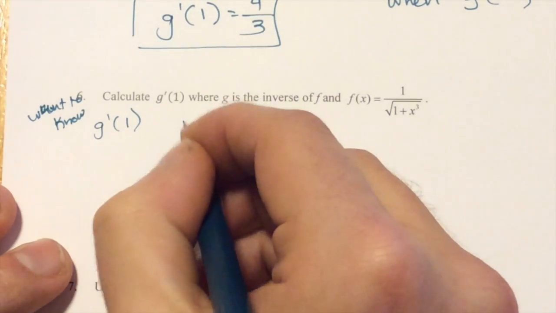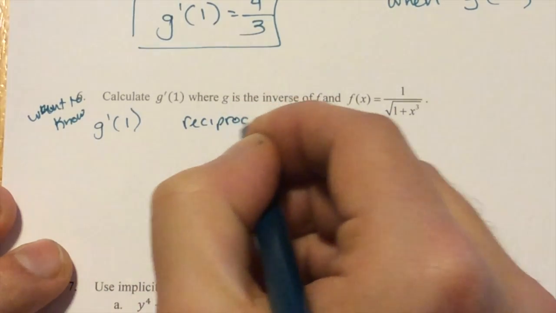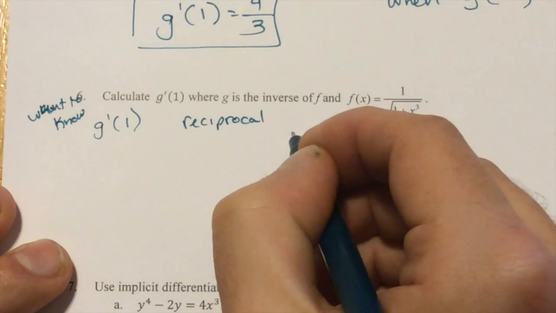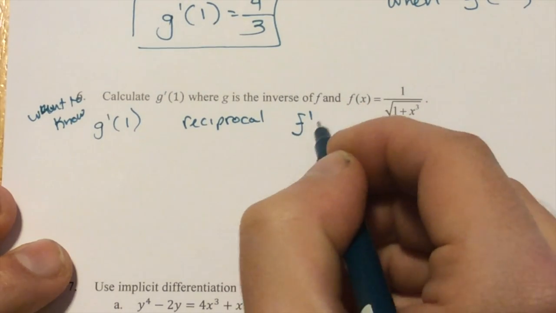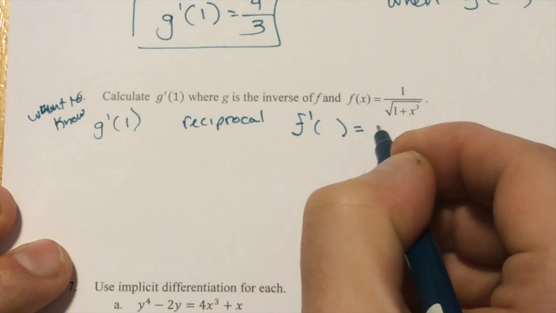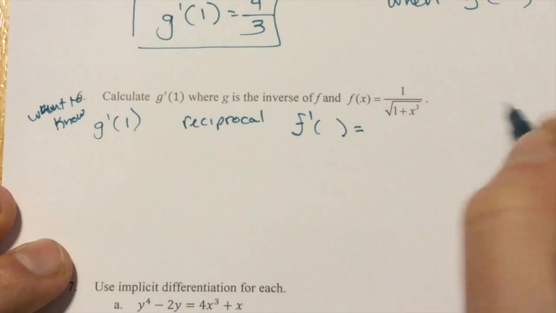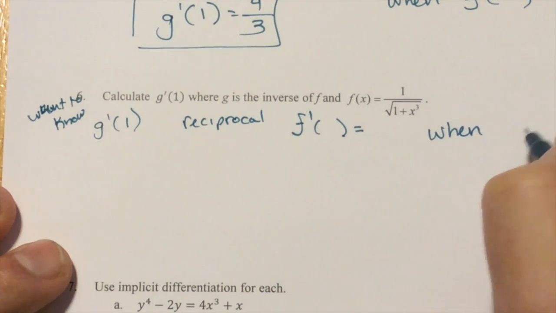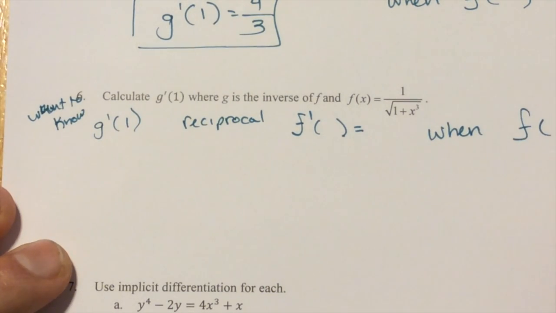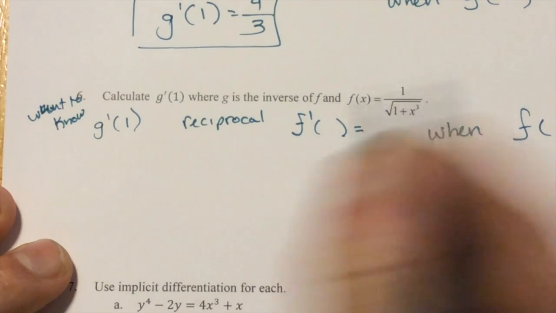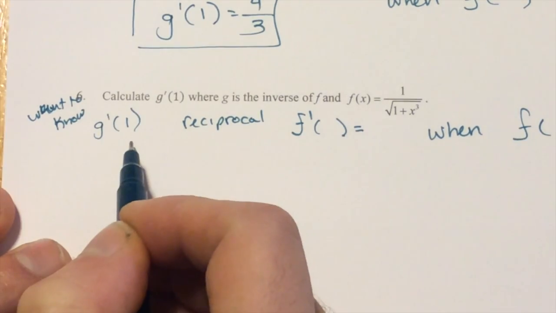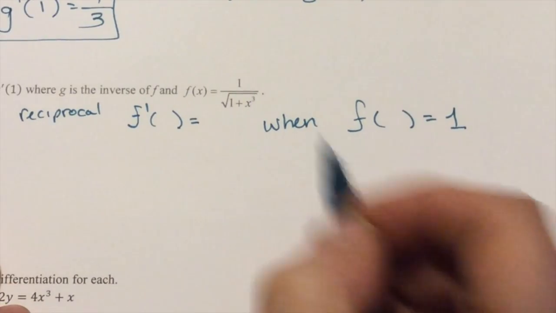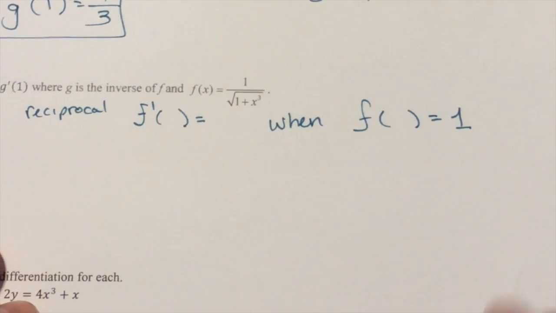That's the reciprocal of f prime of something, when f of something equals 1. We take this input, and that's when we set our function equal to that.